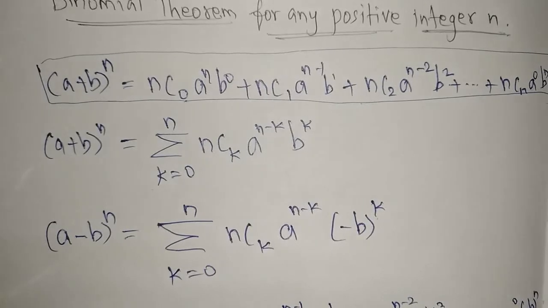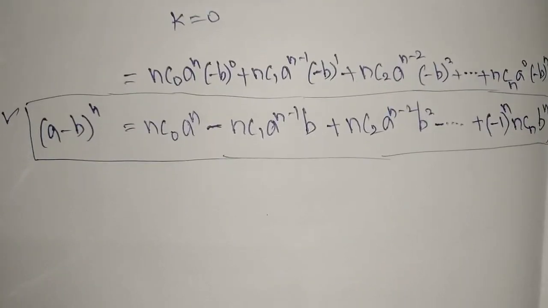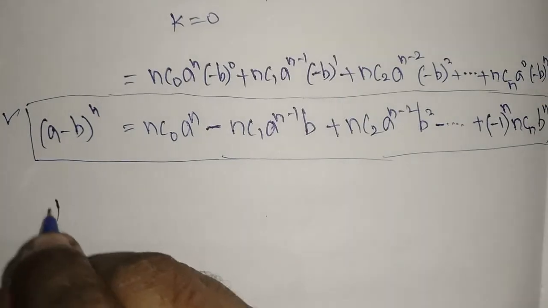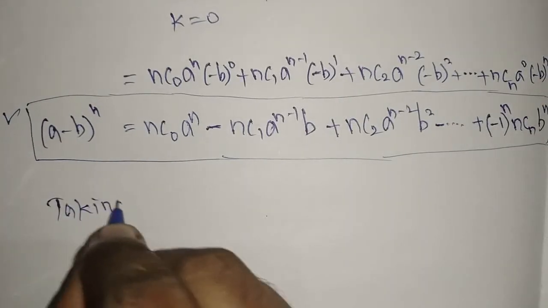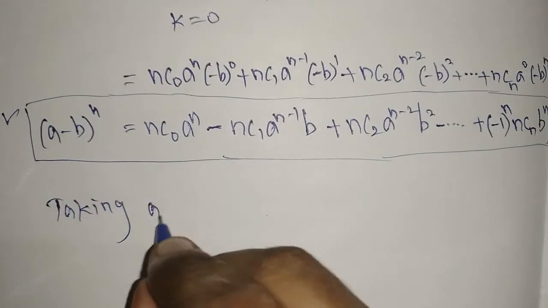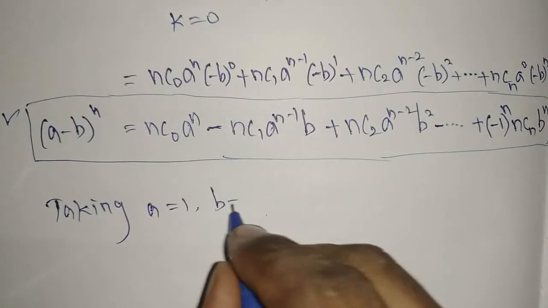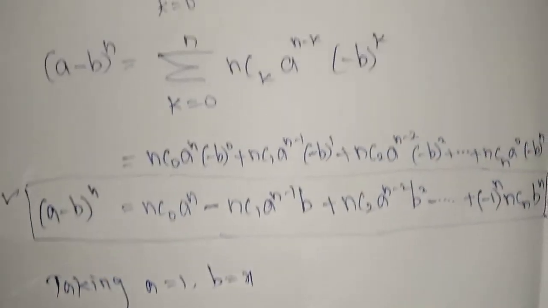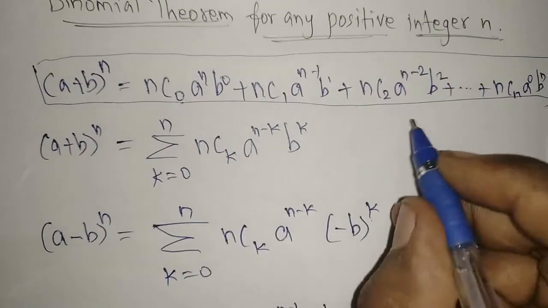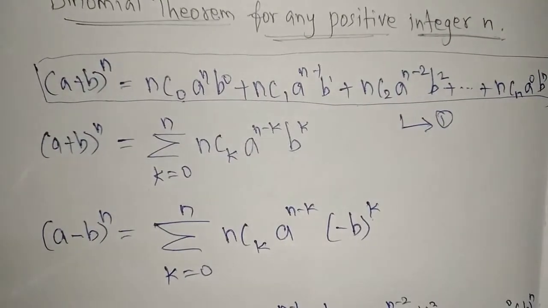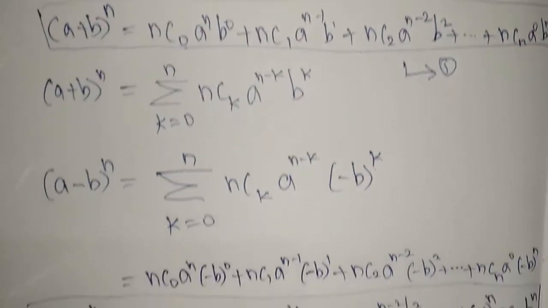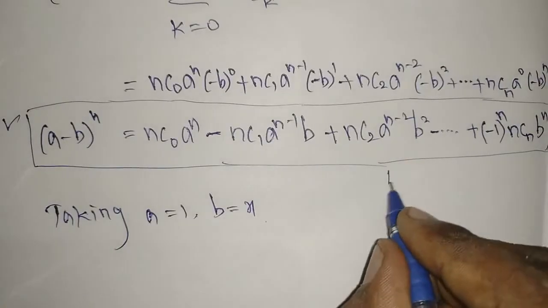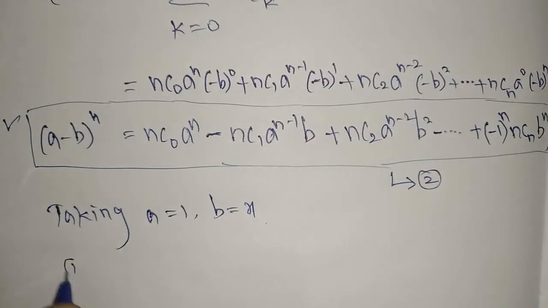And another thing I will show you. Suppose the a value and b value are like this: suppose a equal to 1 and b equal to x, in the sense what will you get? The first equation I'm taking as formula number 1, and I'm going to substitute into it; this result I'm taking as formula number 2. Now in formula number 1, if you substitute a equal to 1, b equal to x, then what are we getting, let's see.